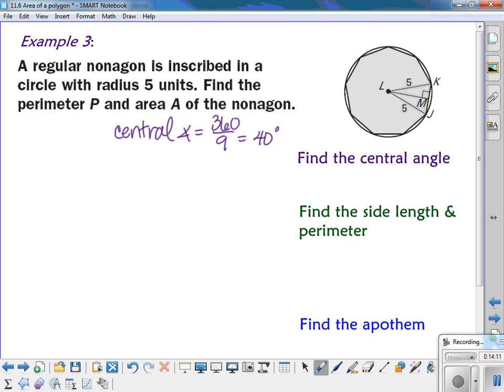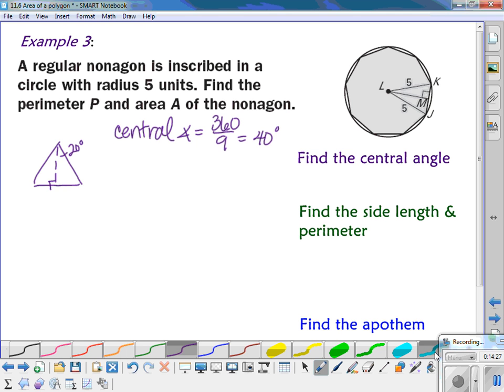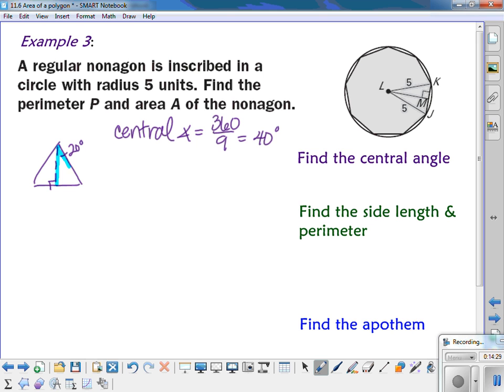So if I just redraw my triangle over here, my top angle is 40 degrees. When I draw the apothem, I cut that 40 in half, and now I have 20 degrees. So for now, I am only looking at this triangle here.